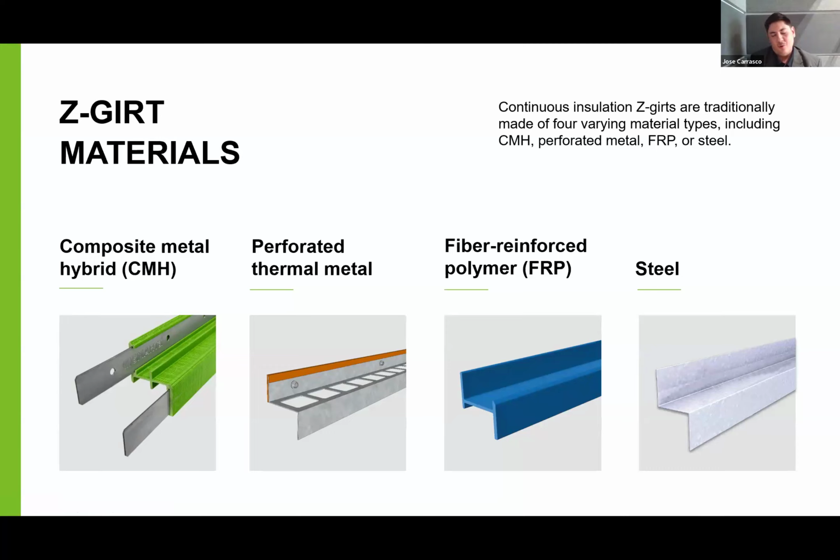The 4 main systems we'll be comparing are your composite metal hybrid systems, which you have on the far left there; your perforated thermal metal Z-girts, which are a largely steel-based product with some sort of thermal break on the back; the third item is the fiber reinforced polymer, FRP, Z-girt. So these entirely use FRP. There is not any steel at all. And then lastly is our legacy traditional entirely steel Z-girt systems.